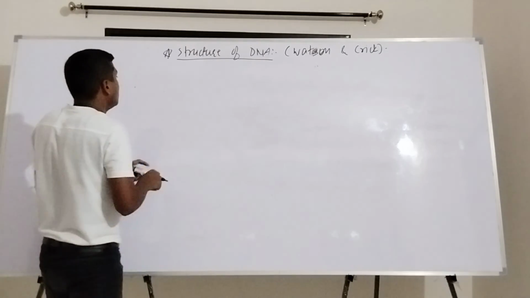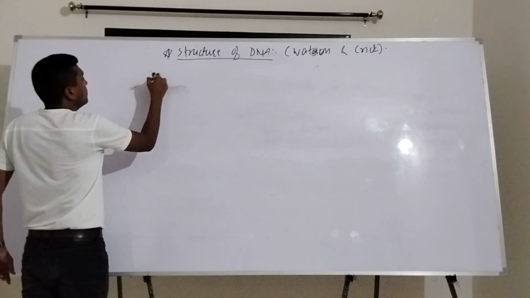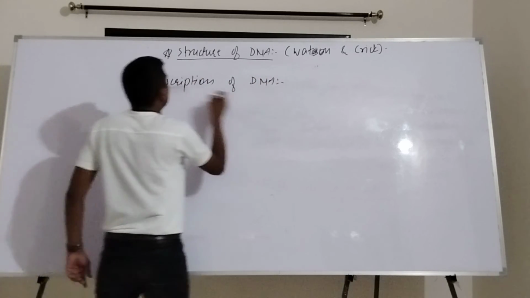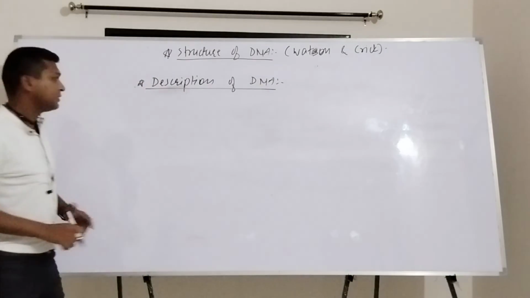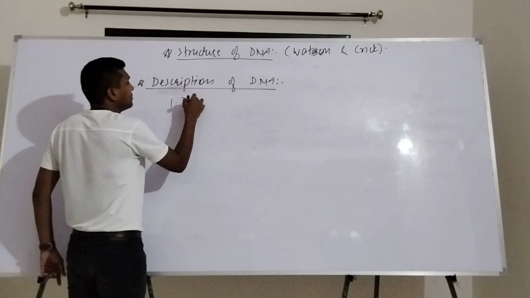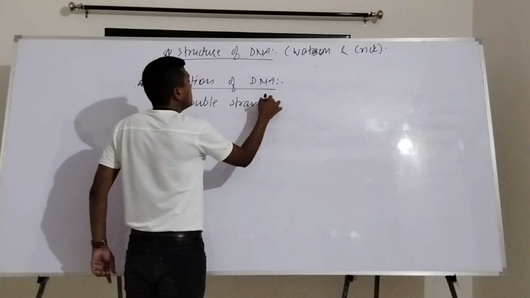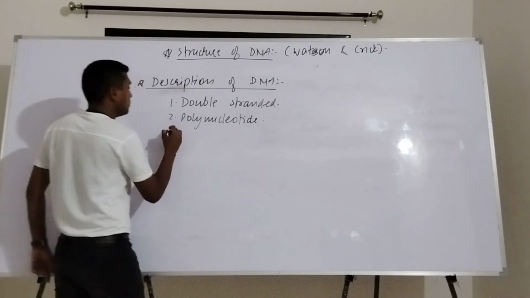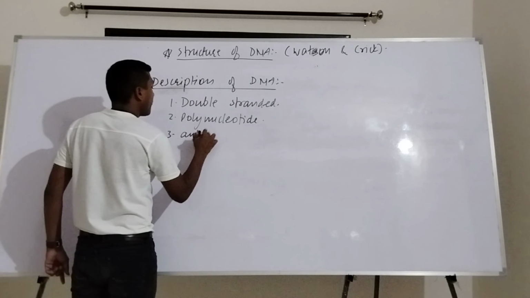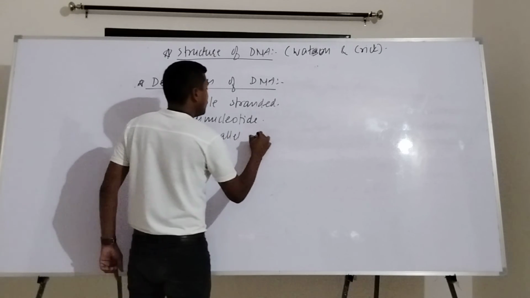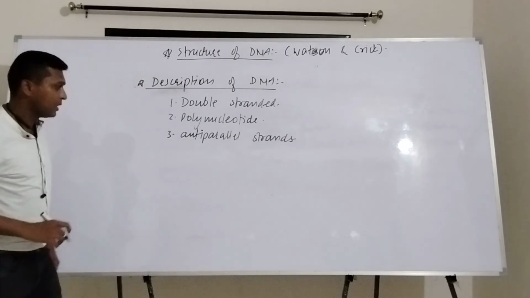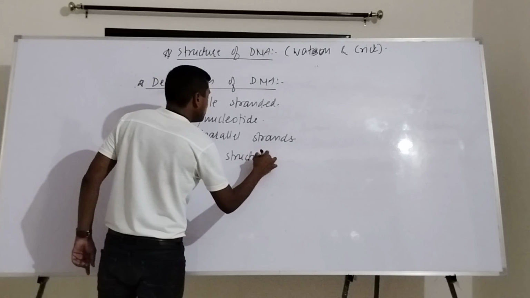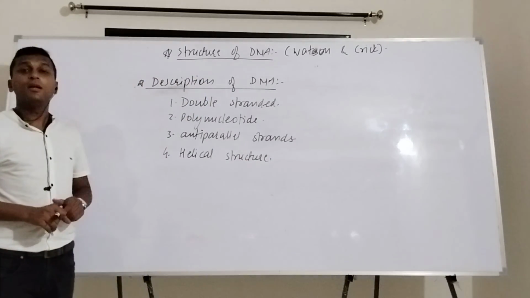DNA is a double stranded polynucleotide with anti-parallel strands, and at the same time it is a helical structure, or you can call it a helical molecule.